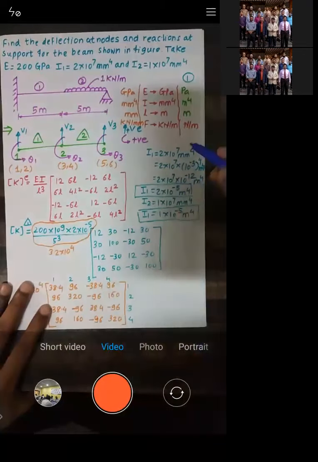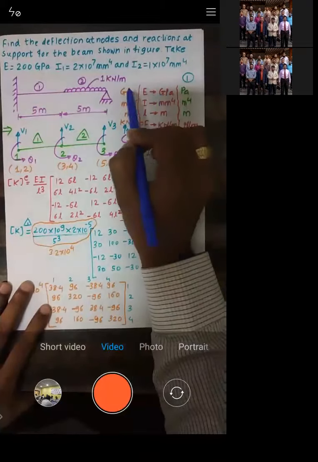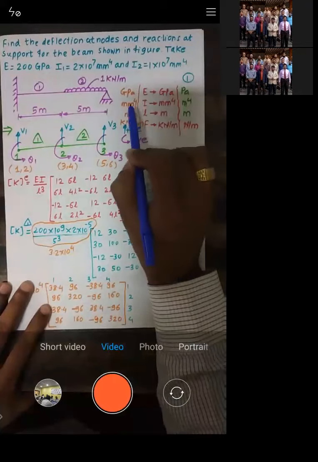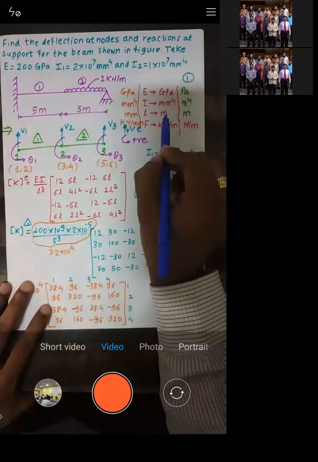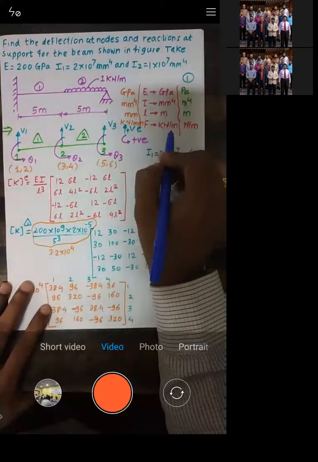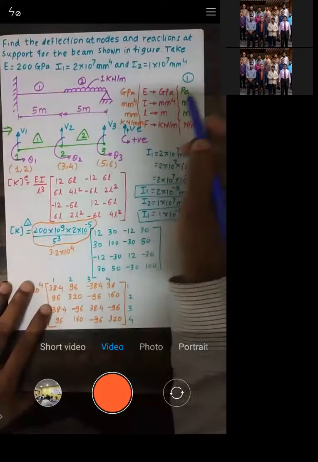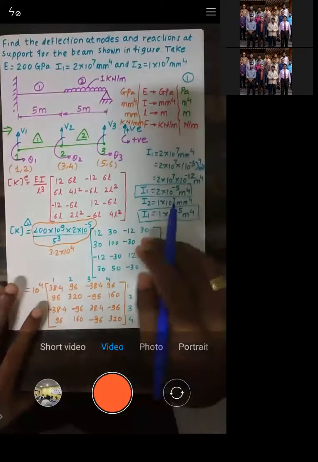Only then can we proceed. The second option is to keep E in gigapascal and I in mm raised to power 4, then convert meter into mm and kilonewton per meter into kilonewton per mm. We followed the first method, right?